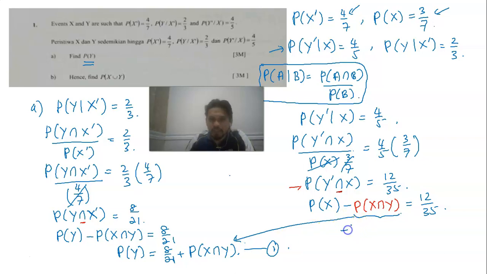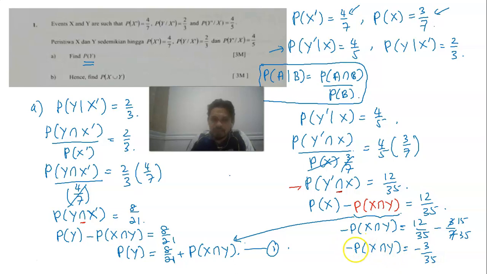So negative probability of x intersect y equals 12 over 35 minus probability of x, which is 3 over 7. Imagine that 7 times 5 equals 35, and 3 times 5 equals 15. So negative probability of x intersect y equals 12 minus 15, negative 3 over 35.